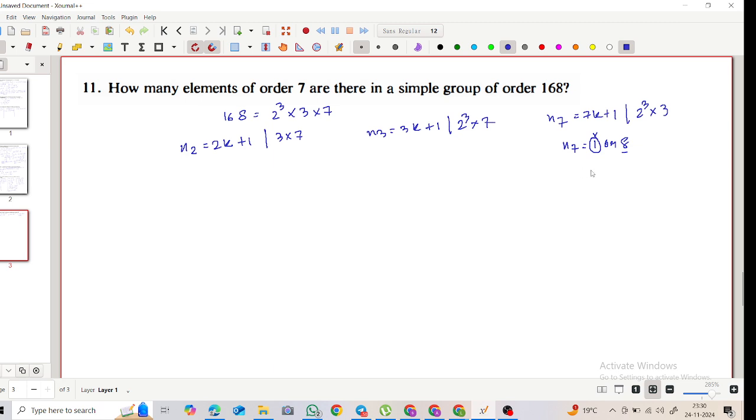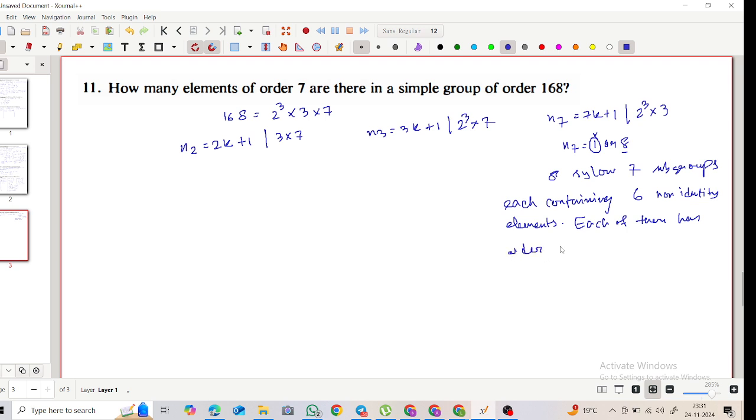So there are 8 Sylow 7 subgroups, right? 8 Sylow 7 subgroups, each containing 6 non-identity elements, each of them has order 7, right? So 8 into 6, 48 is the answer.